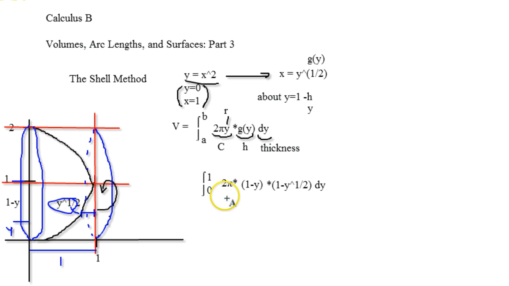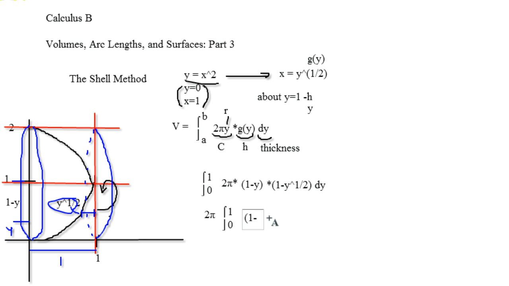Now to begin solving this, I'm going to put the 2 pi in front, because you always want to put your constant out front. And you put your integral sign. Now I'm going to factor this out.